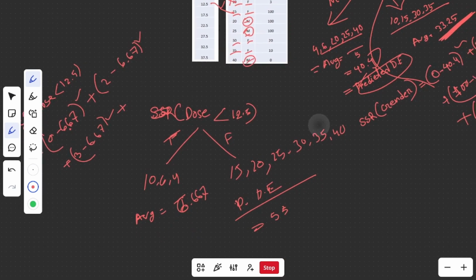And just keep in mind that don't mess up this average part.